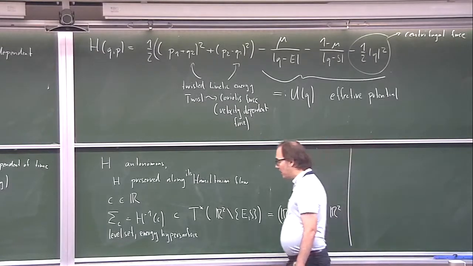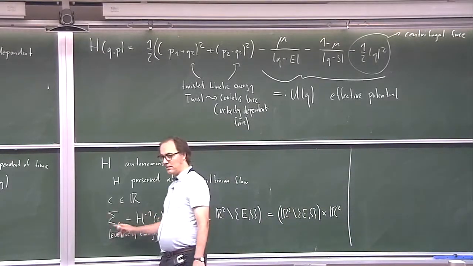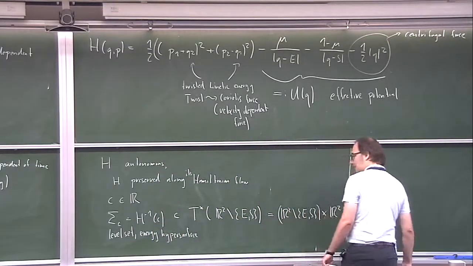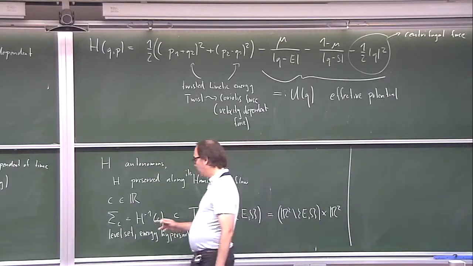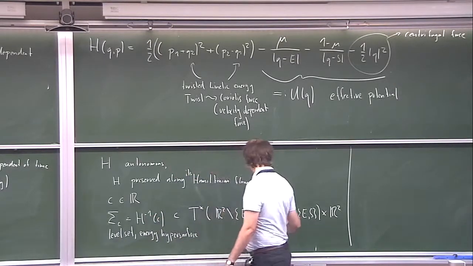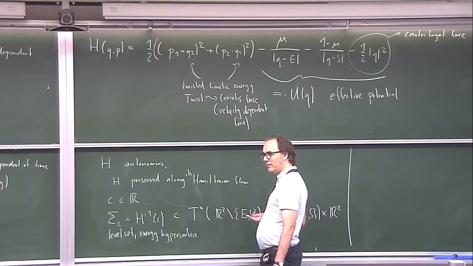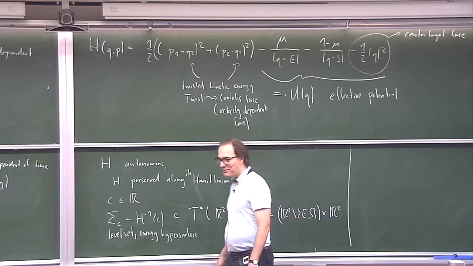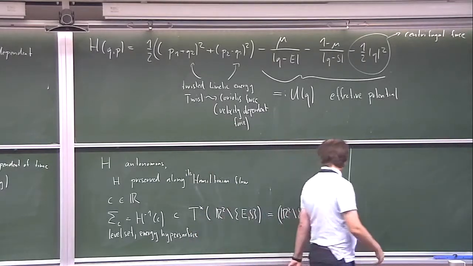Now we would like to see what it looks like. To analyze Sigma_C, we look at its shadow. A three-dimensional thing in a four-dimensional space is hard to draw, since my blackboard has only 2 dimensions, so let's analyze something 2-dimensional.